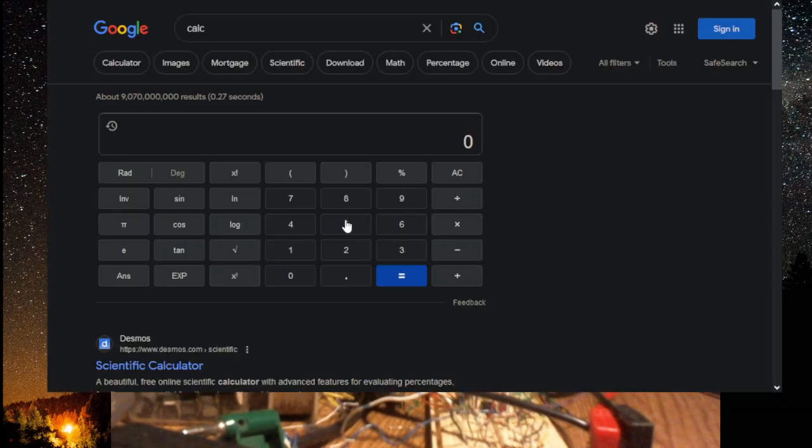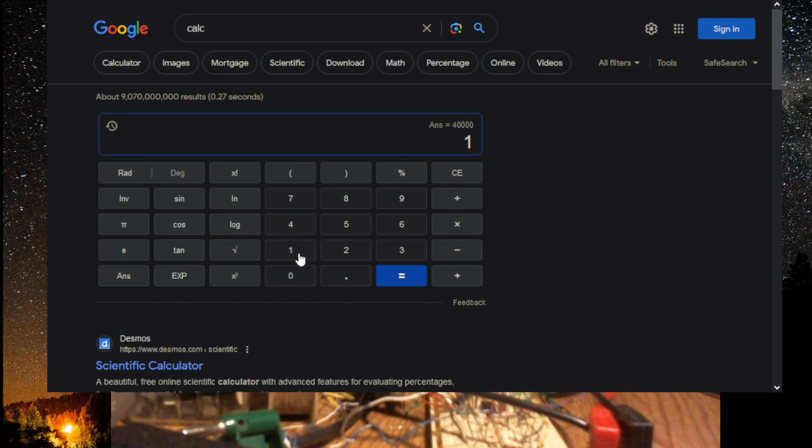Let's go over here. What we do is we divide 1 by 0.000001. That's 1 microsecond. 25 nanoseconds equals 40 kilohertz.